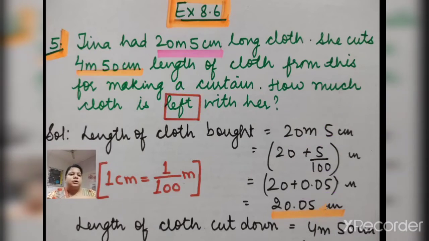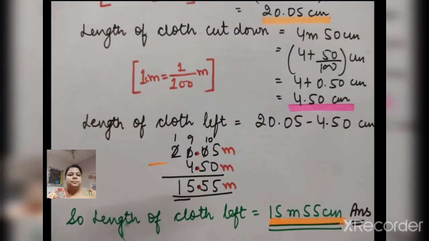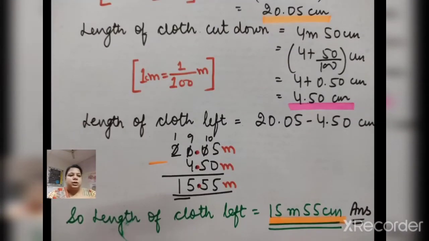Now we will convert the length of the cloth which is cut from it to make the curtain. So here we are going to convert 4 meter, again here is 50 centimeters. So again using this relationship that 1 centimeter is 1/100th of a meter, right? So you have to convert, and when we have converted it becomes meters, right?